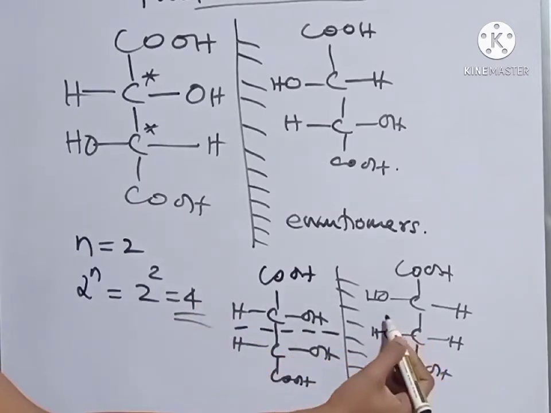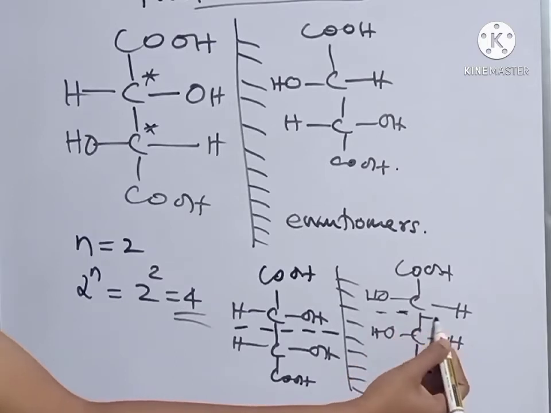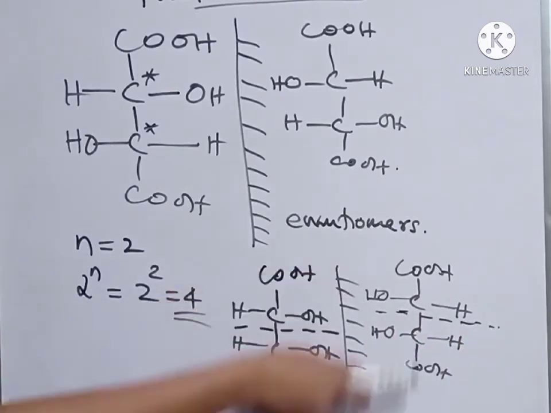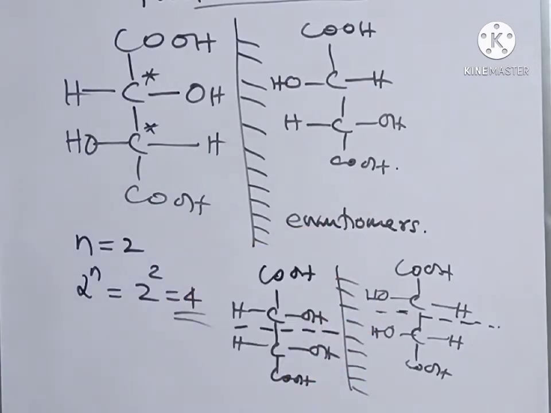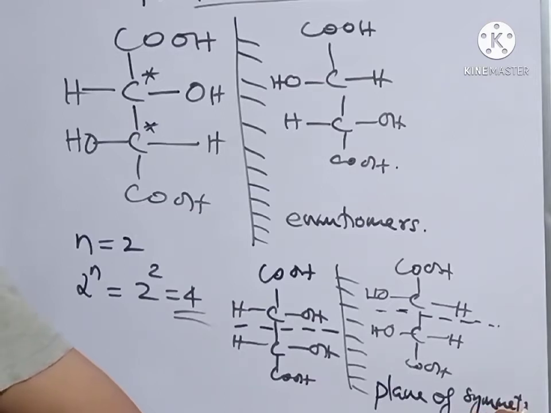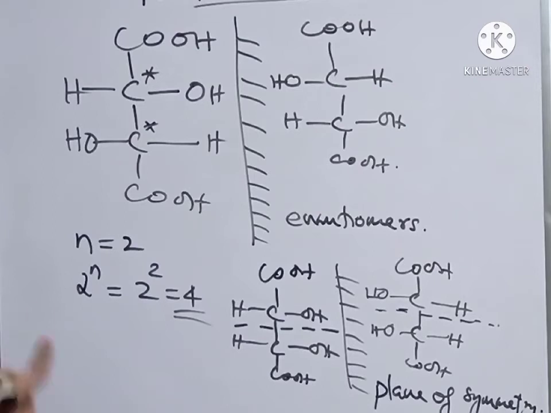Same way in this molecule also, the plane passing through this bond cuts this molecule into two identical halves. That is, these molecules possess a plane of symmetry. If there is a plane of symmetry, we cannot say these two are enantiomers, right?